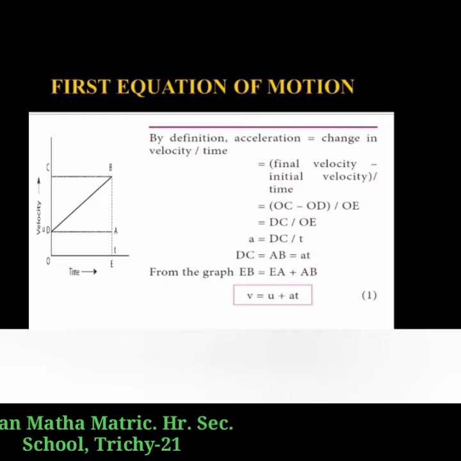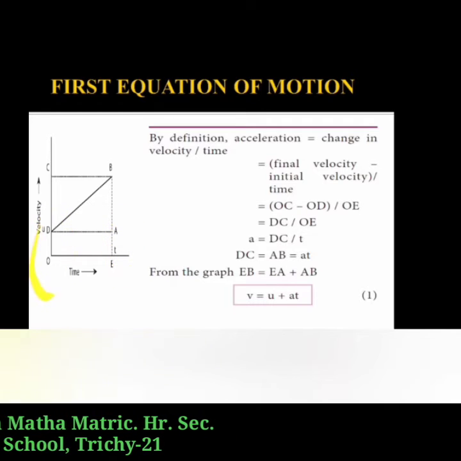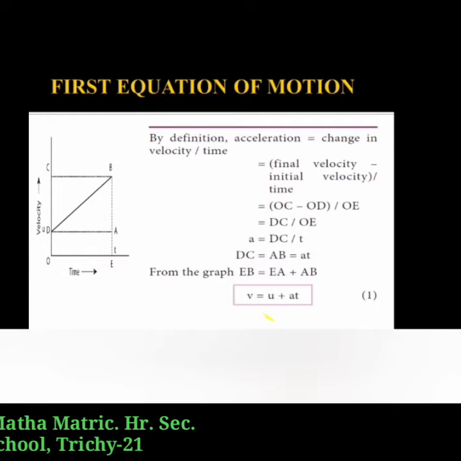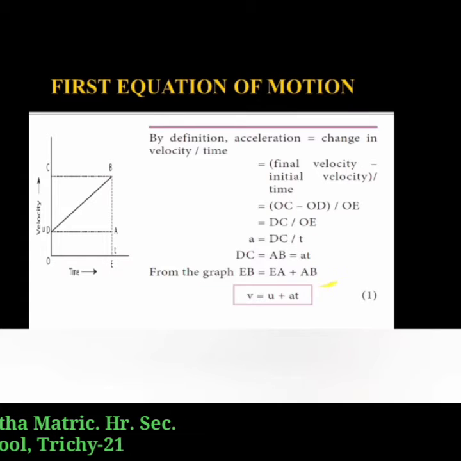Then EA is equal to OD, that is initial velocity u, plus AB. We know AB is equal to at. So this is the first equation of motion, that is v is equal to u plus at.